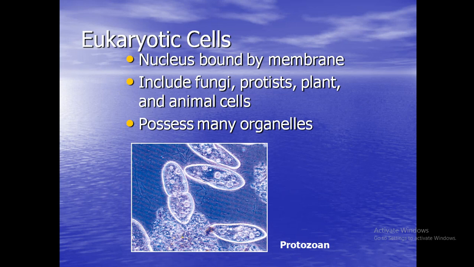From these prokaryotic cells, over a period of time, these eukaryotic cells must have been evolved with better structural details. A eukaryotic cell is always a membrane bound cell.